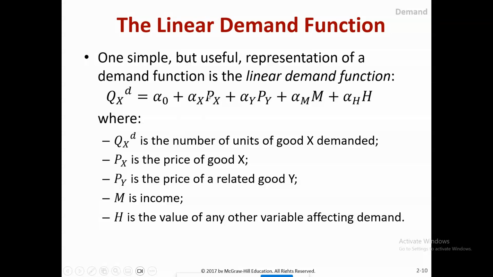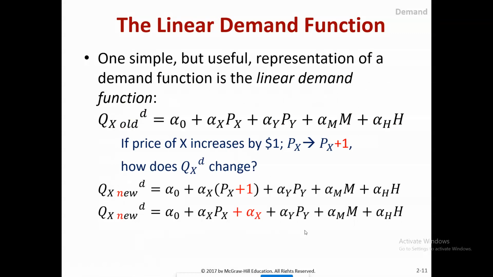Then plus alpha X, a constant number, the coefficient in front of price of X, plus alpha Y, the coefficient in front of price of related products Y, plus alpha M, the coefficient in front of income, and alpha H is a coefficient for the value of any other related variables affecting demand.